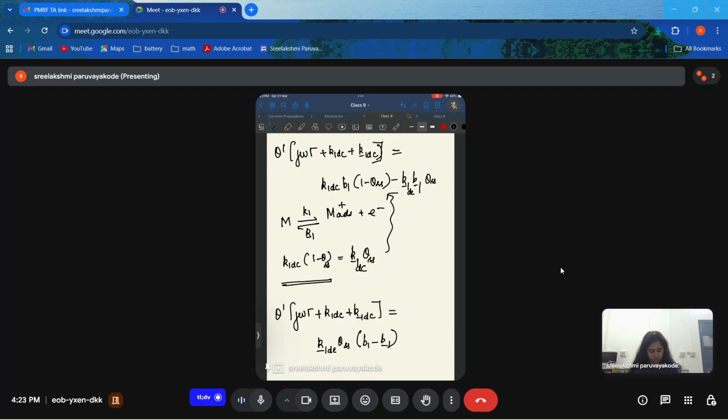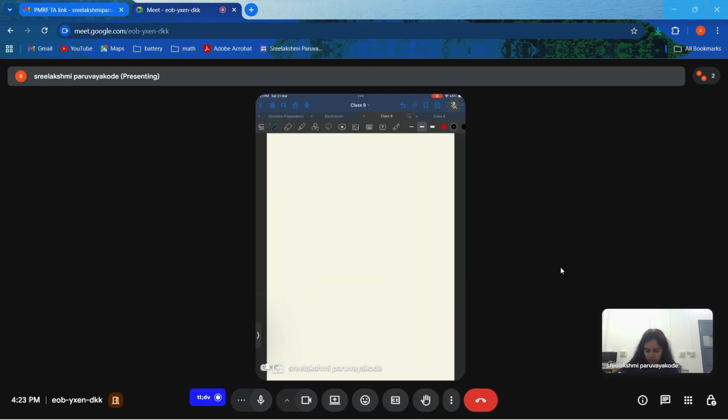Right? So theta dash equals B1 minus B minus 1 K minus 1 dc theta SS, divided by J omega gamma plus K1 dc plus K minus 1 dc. You can also write in terms of K1 dc into 1 minus theta. That's also okay.